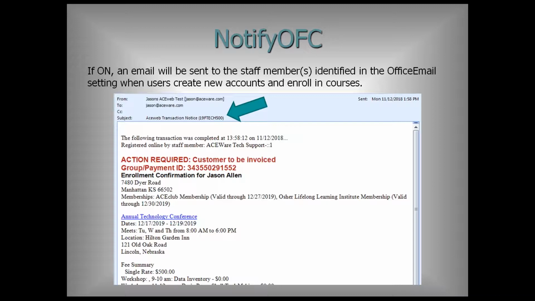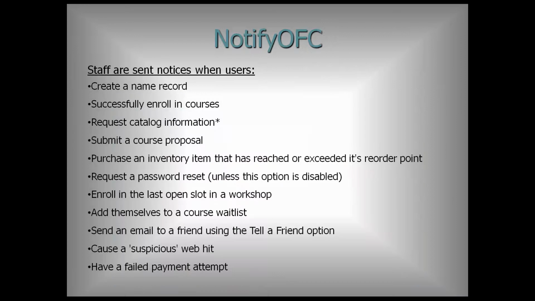Now, our description for this says when users create new accounts and enroll in courses, but wait, there's more. You may not know, but the Notify Office sends out these notices for all of these things on this list. So there are definitely quite a few. Some of the notable ones are, obviously, creating a name record, enrolling in the courses, requesting catalog information.